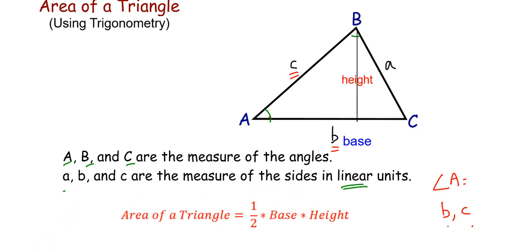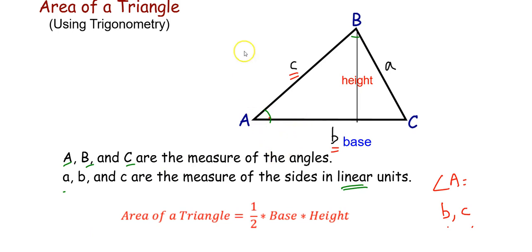Okay. So now in this triangle, the area is half times the base, that is b, times the height, but this height is unknown. We know the measure of c and the measure of angle A. So we have to rewrite that height in terms of angle A and c.